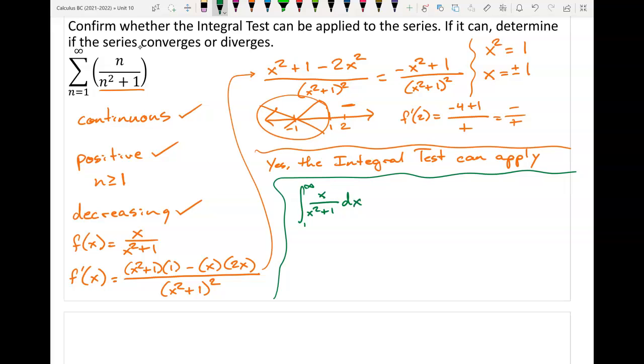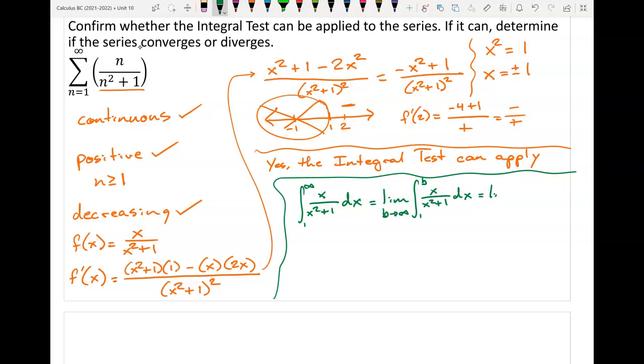How do we go about doing that? And we do the limit, right? So we're going to say the limit as b goes to infinity of the integral from 1 to b of x over x squared plus 1. Looks like I have a u sub that I can use, right?